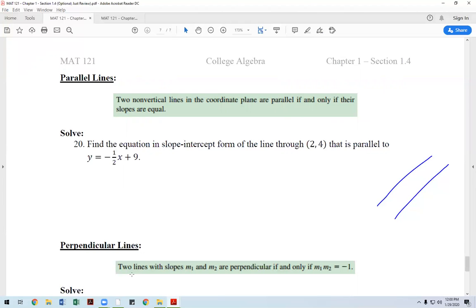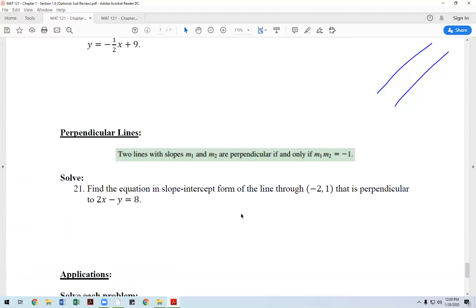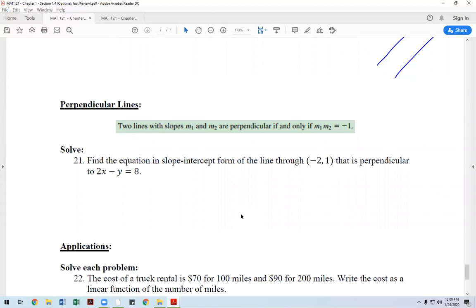So those are parallel lines. What kind of slopes do perpendicular lines have? It's kind of interesting the way your textbook defines this.